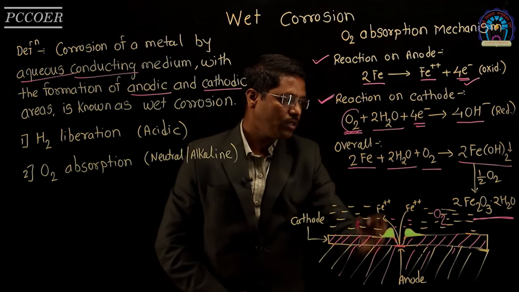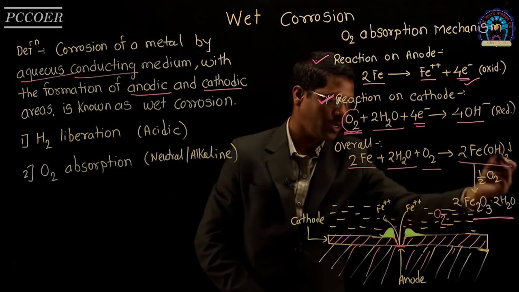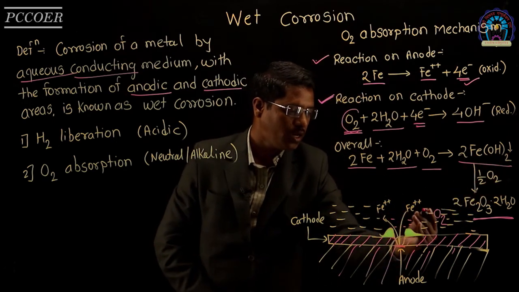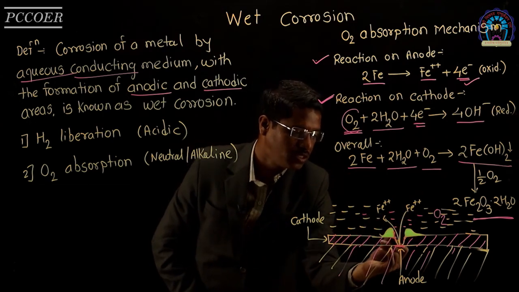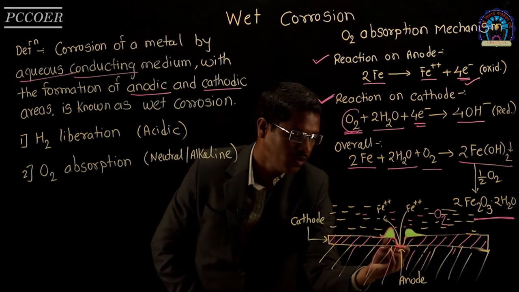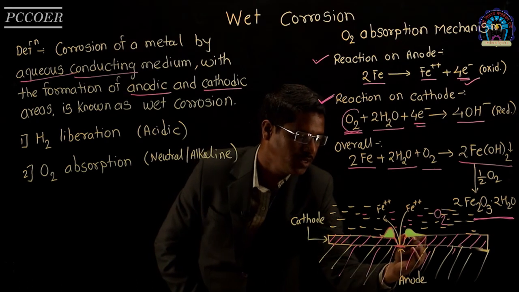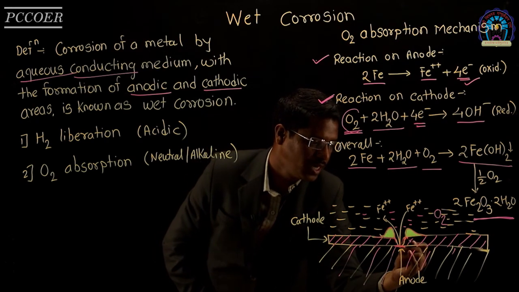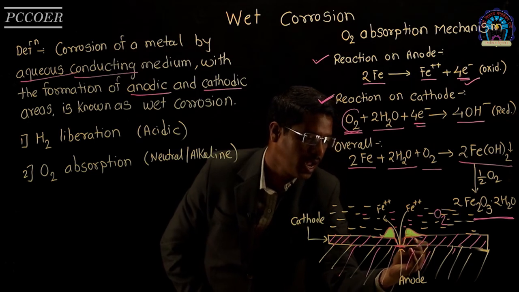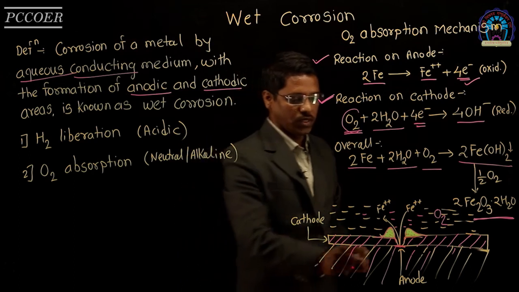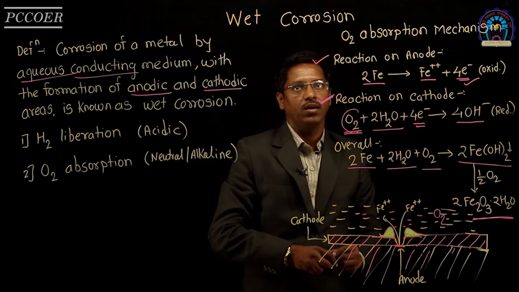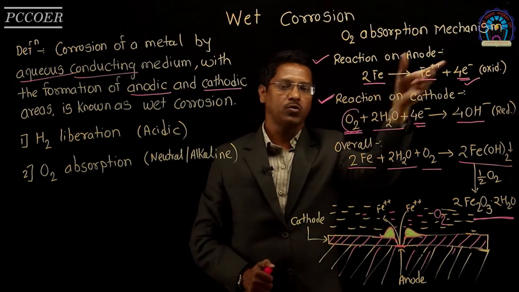The hydroxide formed may get dissolved in the aqueous conducting medium, or it may sometimes get deposited. If it is insoluble in the aqueous conducting medium, then it gets deposited here in the form of hydroxide, and in this way the corrosion takes place here for the oxygen absorption mechanism.